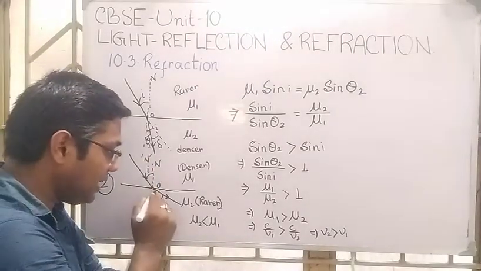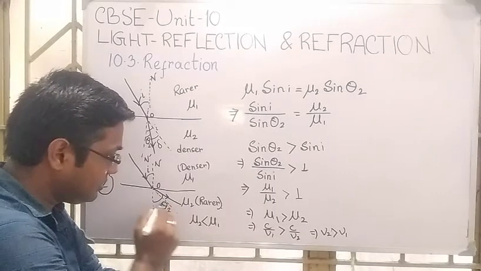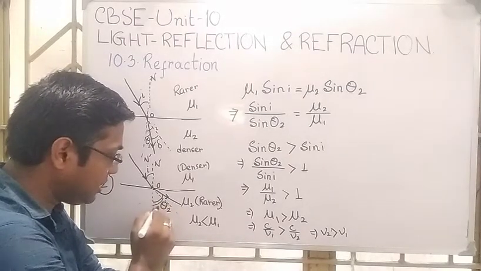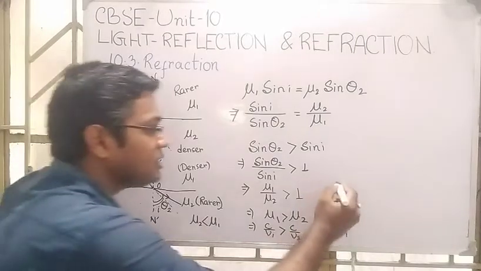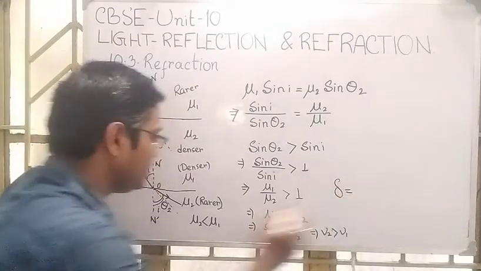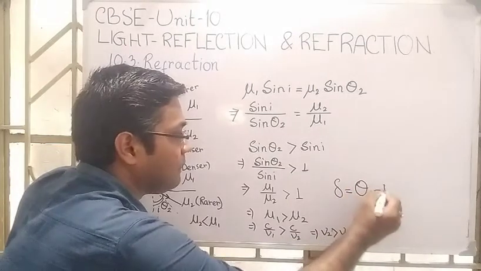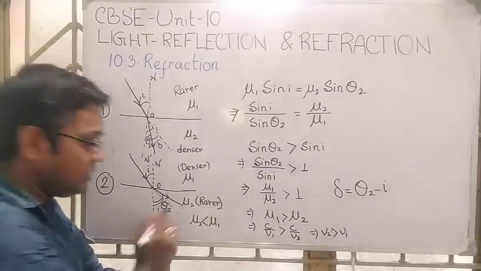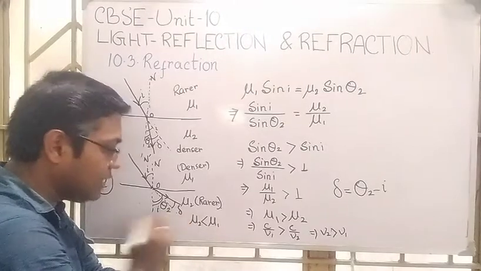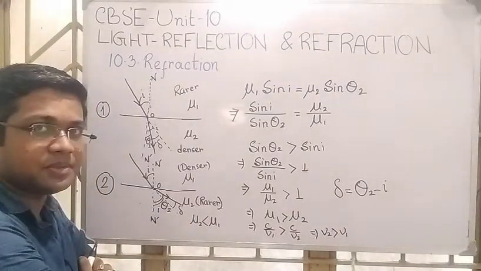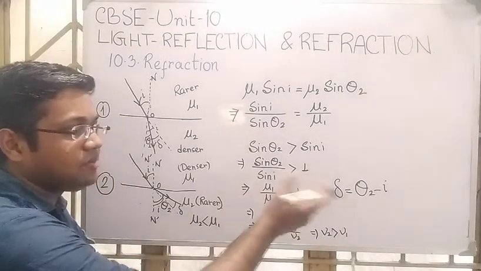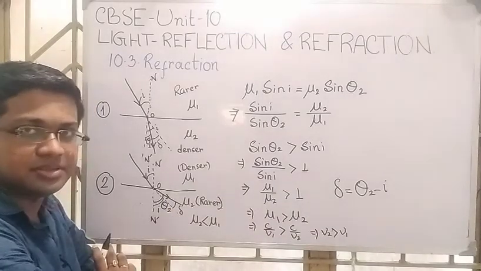So if I draw the initial path of the ray, this one is i. So what is the angle of deviation? The angle of deviation is theta 2 minus i. So this is called the angle of deviation. Just see, the angle of deviation's formula is now changed.